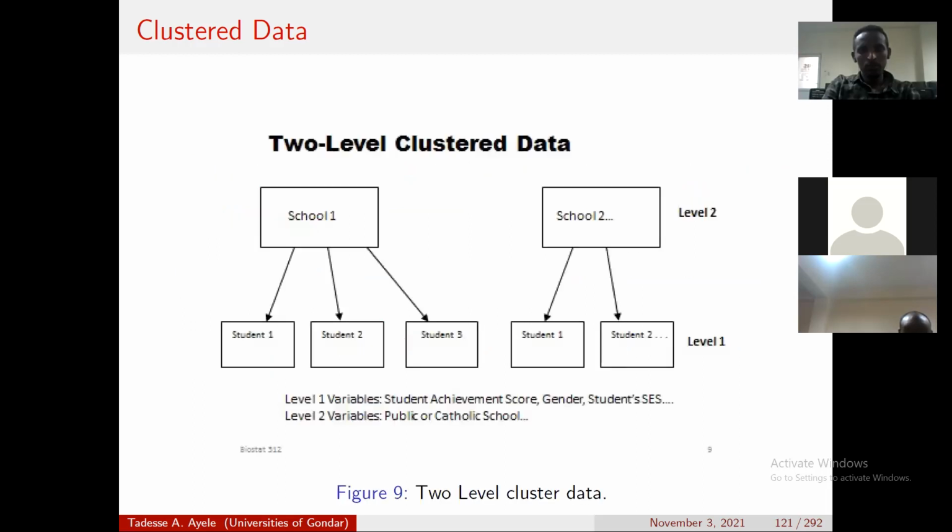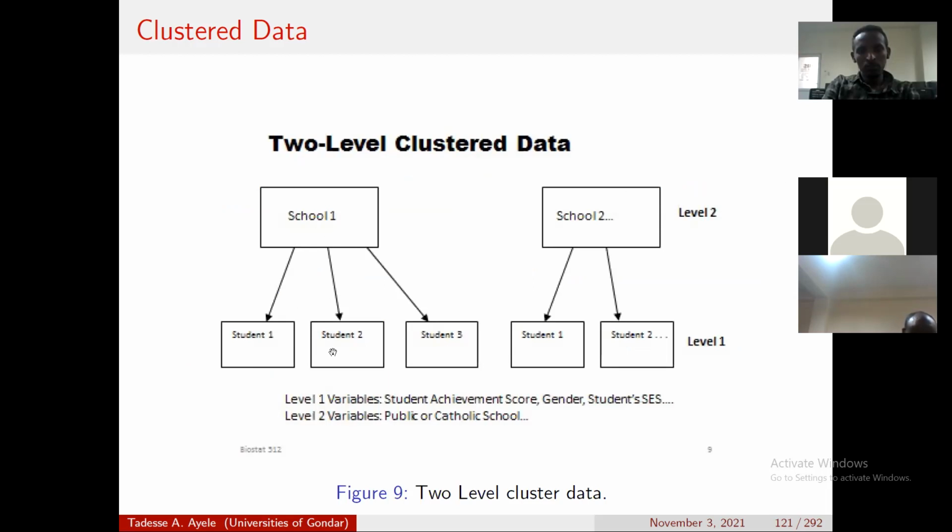So when you come to two-level data structure, or cluster data, it looks like this. For example, there is school 1, school 2, school 3. Schools are level 2 variables. From each school there are students, student 1, student 2, student 3. So student 1, student 2, student 3 are from school 1. Since they are from school 1, they are correlated.